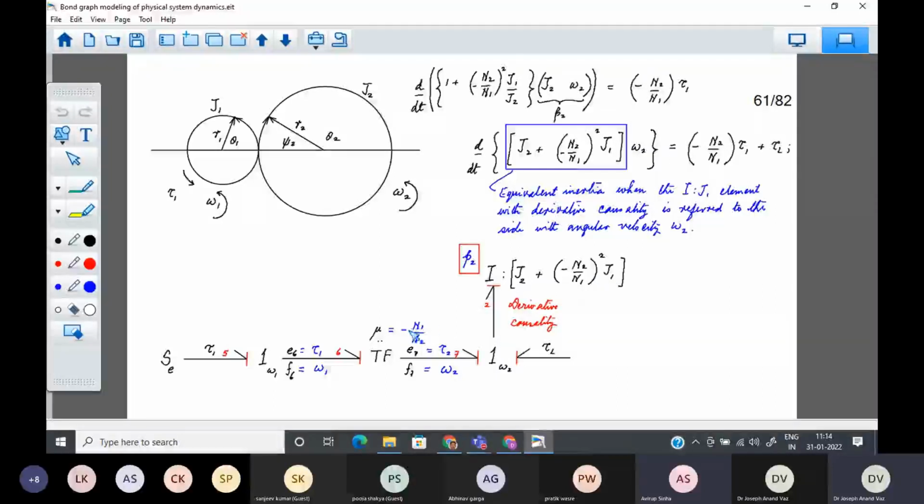Okay, the reciprocal of that square multiplied by J1, which was the moment of inertia associated with the pinion. So you can see that the effect of the moment of inertia of the pinion gets transferred on this side using this leverage.